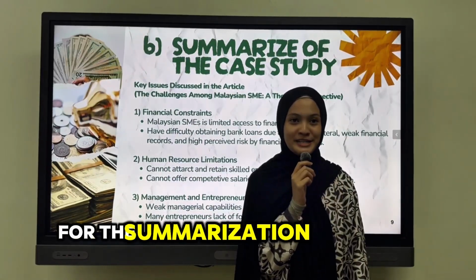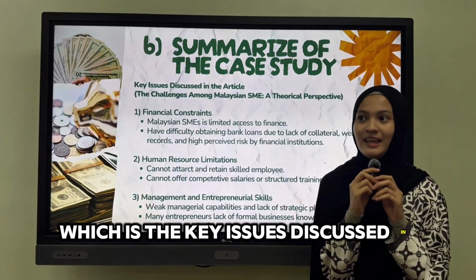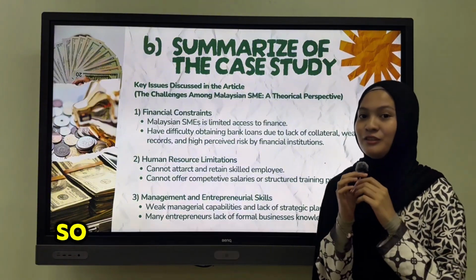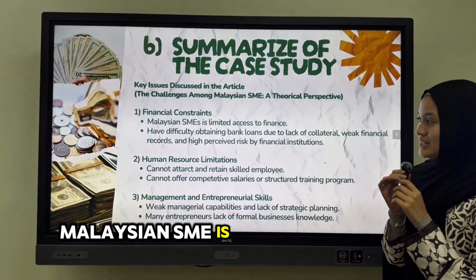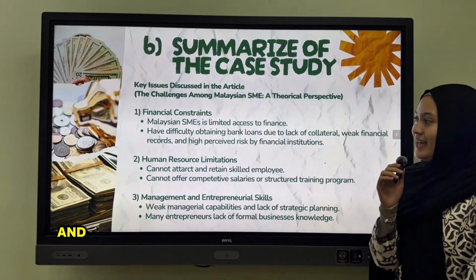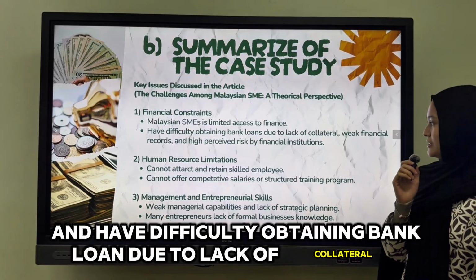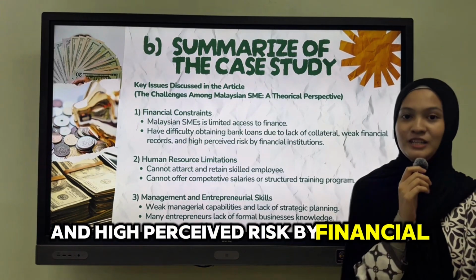Okay, so for the summarization of the case study, the key issue discussed in the article is the challenges among Malaysian SMEs. The first challenge is financial constraints. Malaysian SMEs have limited access to finance and have difficulty obtaining bank loans due to lack of collateral, weak financial records, and high perceived risk by financial institutions.